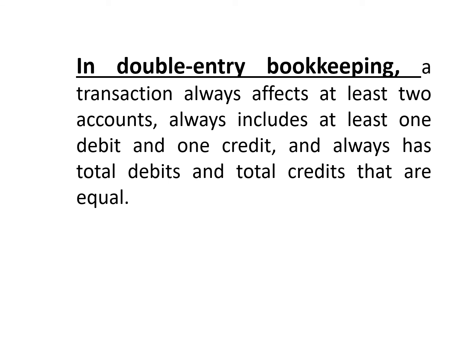In double entry bookkeeping, a transaction always affects at least two accounts, always includes at least one debit and one credit, and total debits and total credits are always equal. That's why this is known as the double entry system.